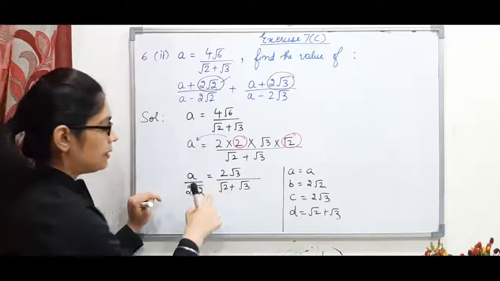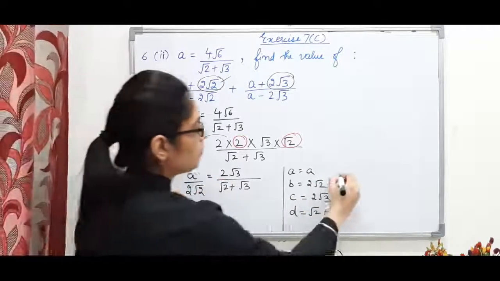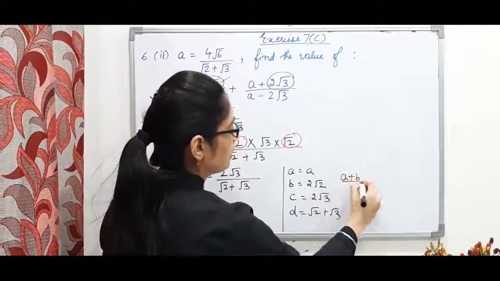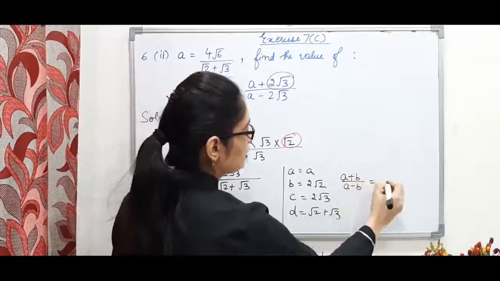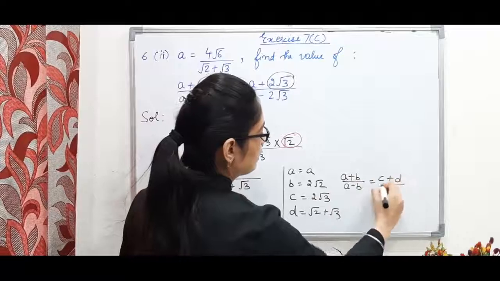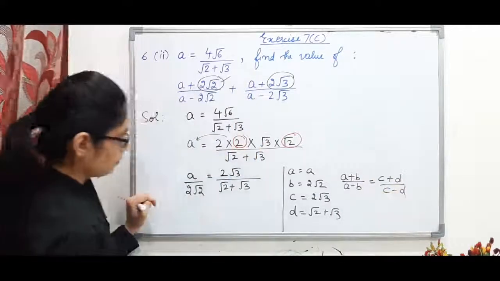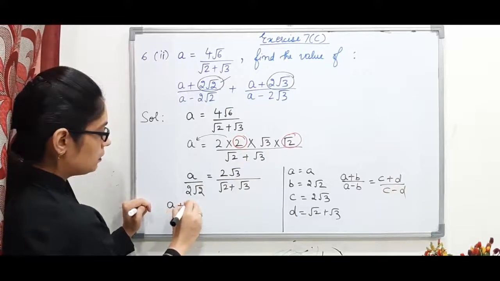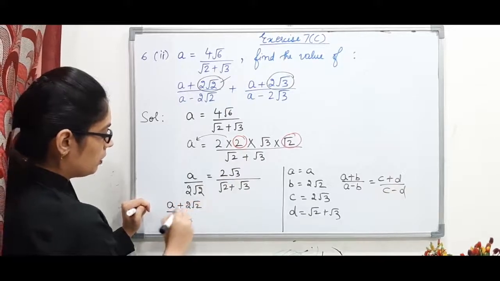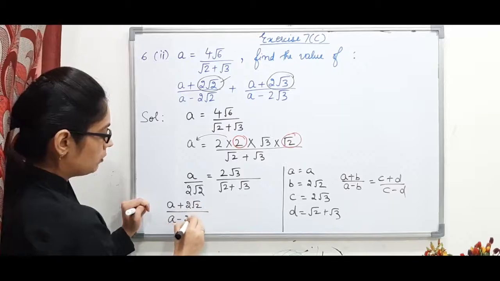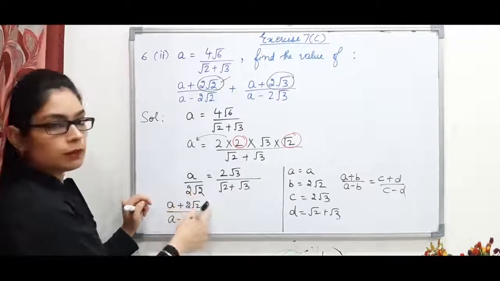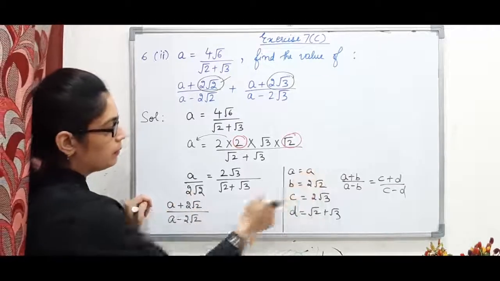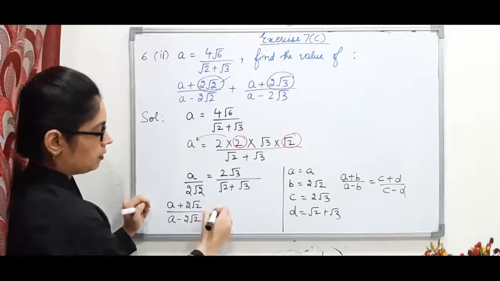If a by b is equal to c by d, then a plus b upon a minus b is equal to c plus d upon c minus d. So let's apply accordingly. So a plus 2 root 2 upon a minus 2 root 2. See, a plus b, I have written the values of a and b, a minus b.